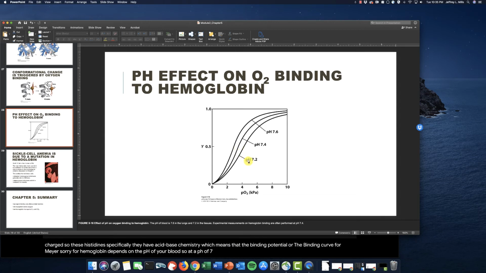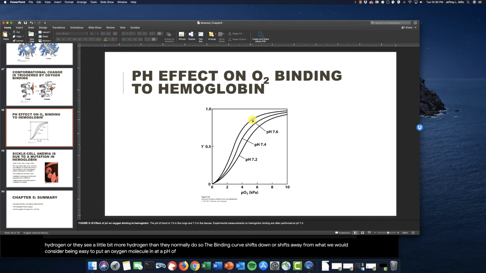So at a pH of 7.2, the carrying capacity or the occupation of oxygen in the binding sites becomes harder because there are extra protons around, and that means that those histidines see a little bit more hydrogen than they normally do. So the binding curve shifts down, or shifts away from what we would consider being easy to put an oxygen molecule in.